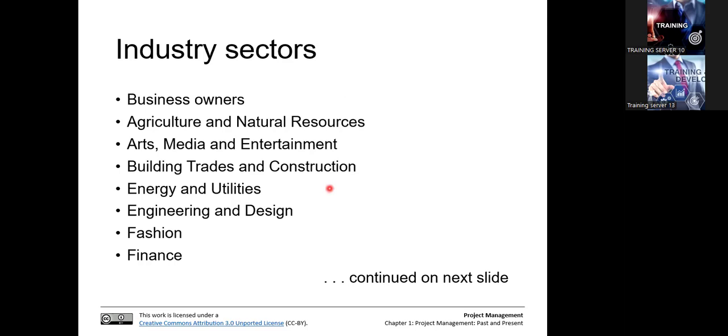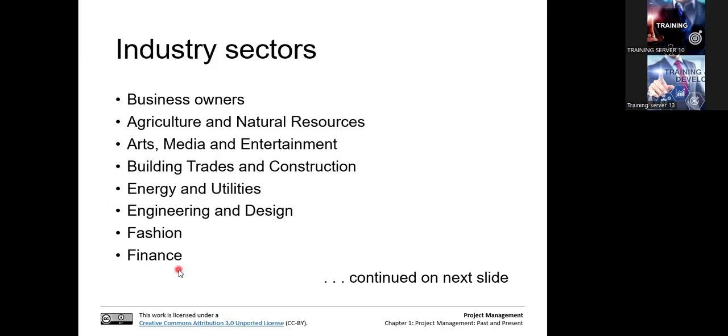It has a specific character and safety rules also. Another field is engineering and design. Engineering and design depends on the rules of designing and the system of the engineering factor. Another field of the industry is fashion.